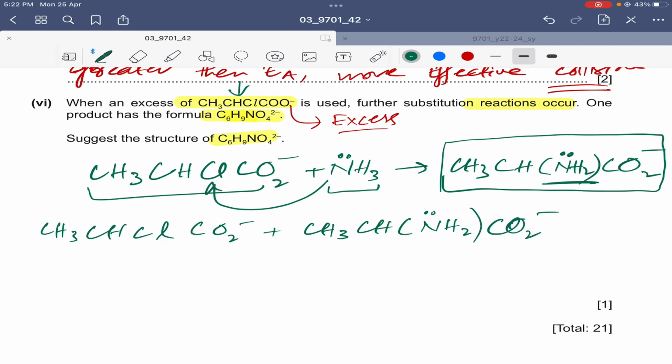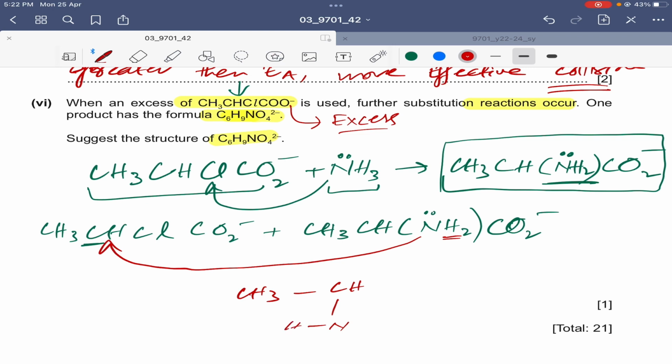So now this NH2 will attack the carbon which is directly attached to the chlorine. So this would be partial positive. So nitrogen, due to its lone pair, will attack this carbon, and we get CH3CH, and one more hydrogen would be lost from this nitrogen. So we are left with NH, C double bond O negative, and then this NH is connected to CH, CH3 C double bond O negative. So this would be the structure.